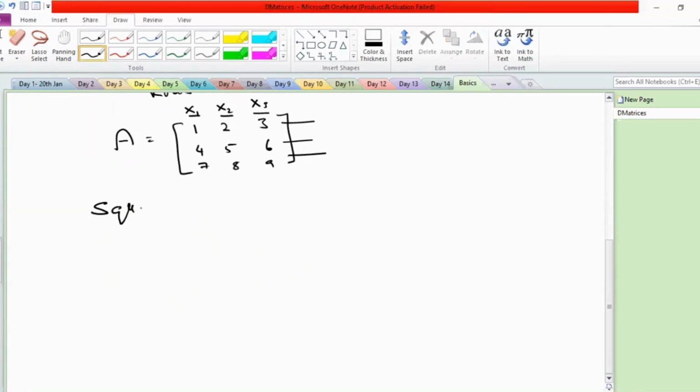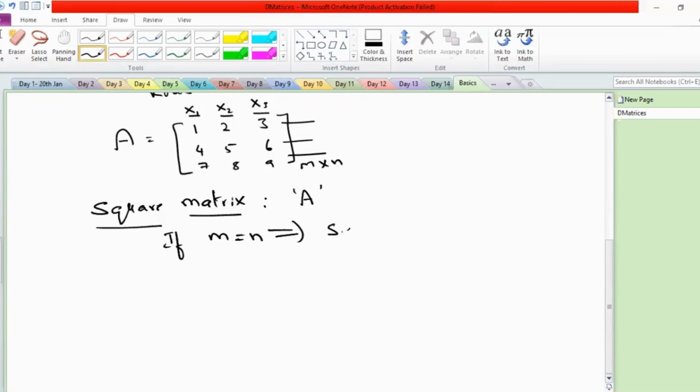So there is a matrix type called a square matrix. When do you call a matrix A a square matrix? Very simple. If m equals n, this is your m by n, then you call this a square matrix.